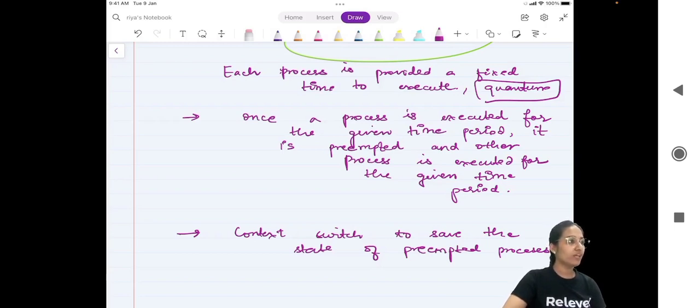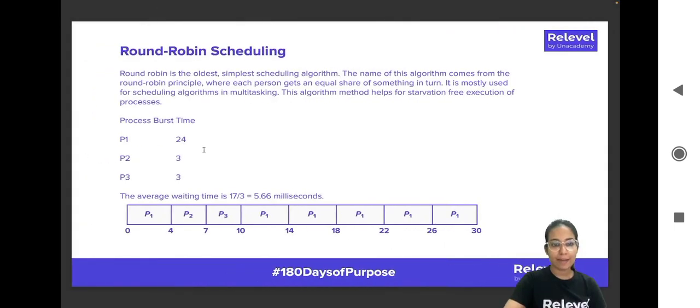Okay, so now we can take an example to fully understand this concept in detail. There is an example given here, wherein you can see the processes are P1, P2, P3, and the burst times are 24, 3 and 3. Here the quantum time is taken as 3 units.